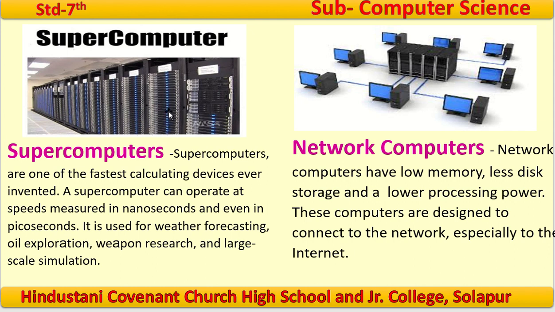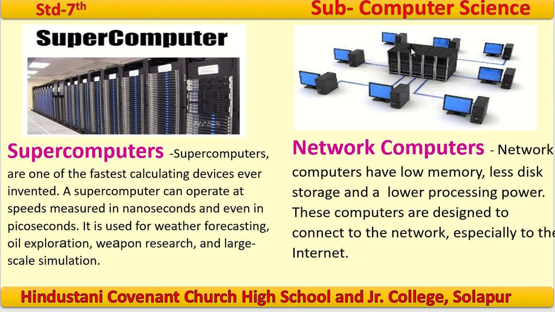Then the next part is network computers. These are computers which have low memory, less disk storage, and lower processing power. Why are these used? You can see here these are different computers, but they are in a network, connected to a big server.